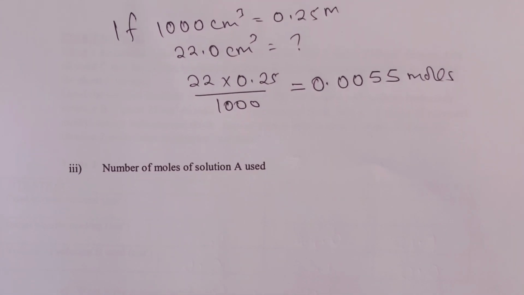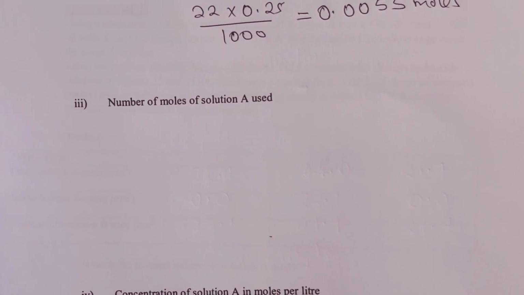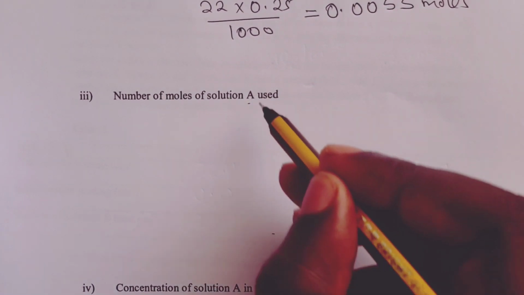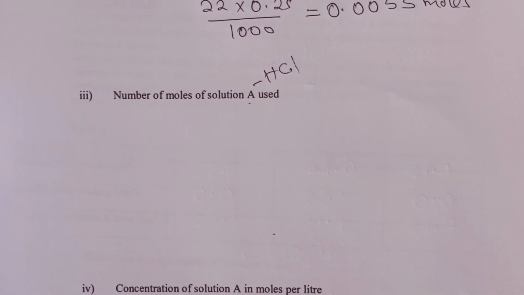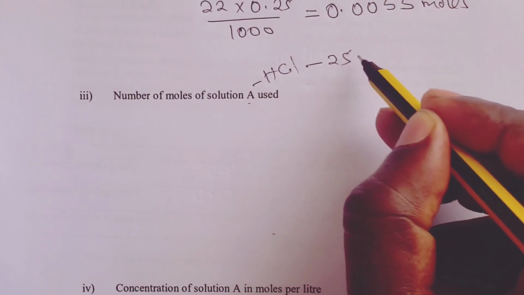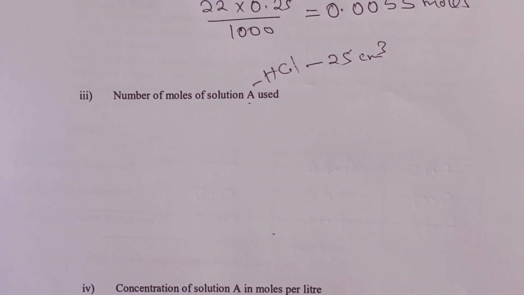To the next question, we are asked the number of moles of solution A that were used. Solution A is our hydrochloric acid, and not much information is given here apart from the volume that we pipetted as 25. The other information is not given.